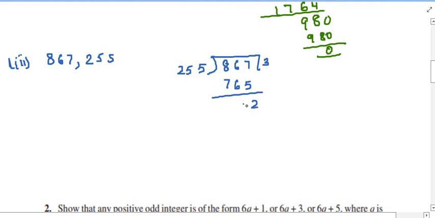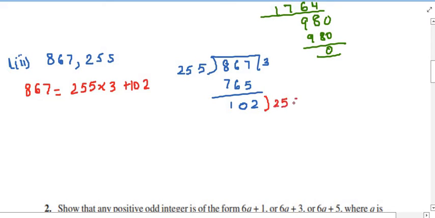Subtract, and the remainder is 102. So with the help of Euclid's division lemma, we can say that 867 is equal to 255 times 3 plus 102. Now we'll continue the division.